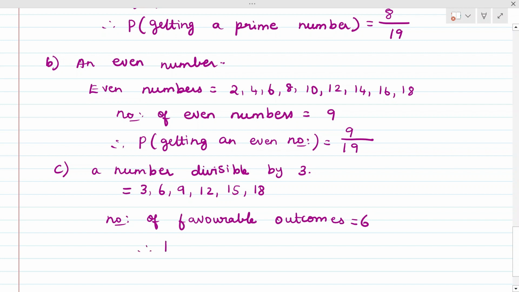Therefore, probability of getting a number divisible by 3 is equal to favorable outcome is 6 divided by total possible outcome is 19. So, in this case, the probability is 6 by 19.